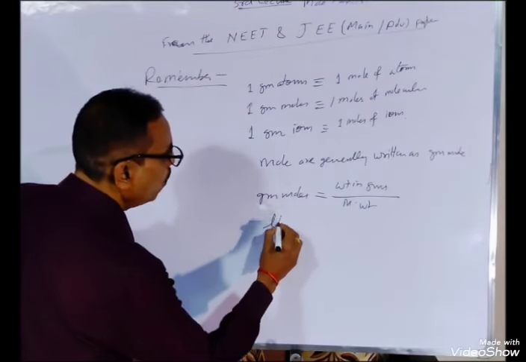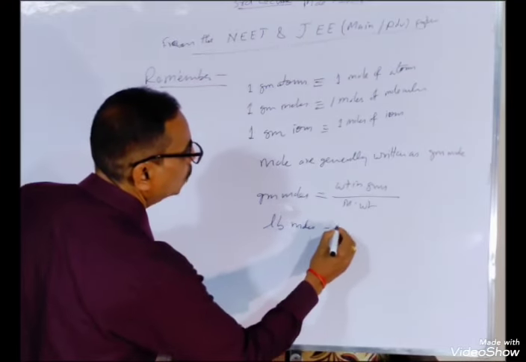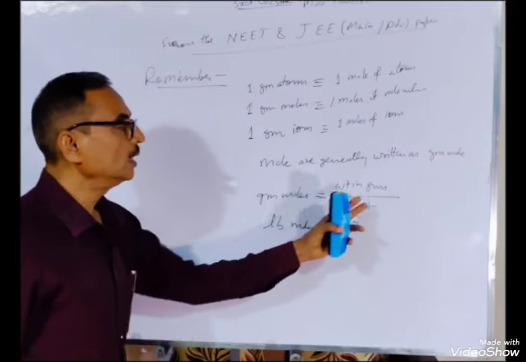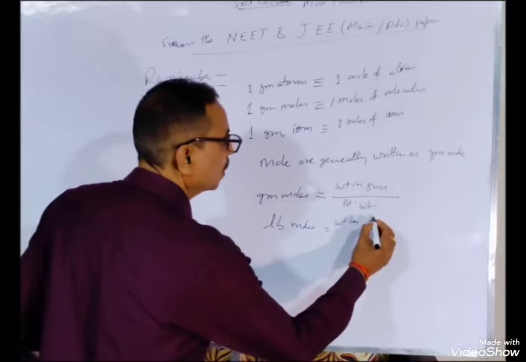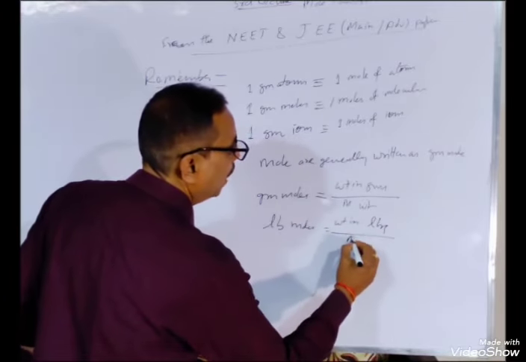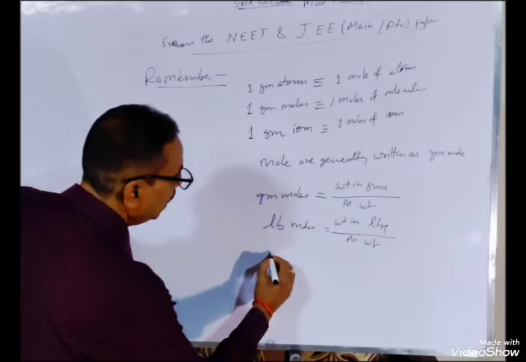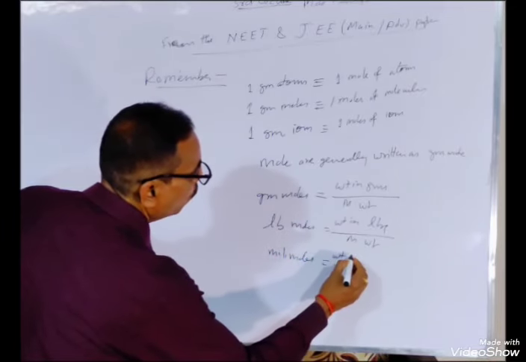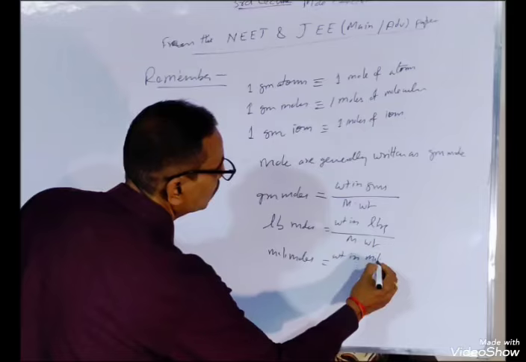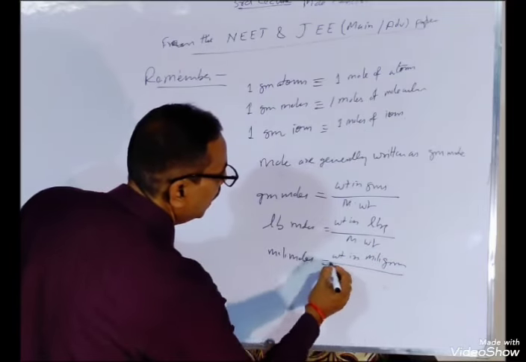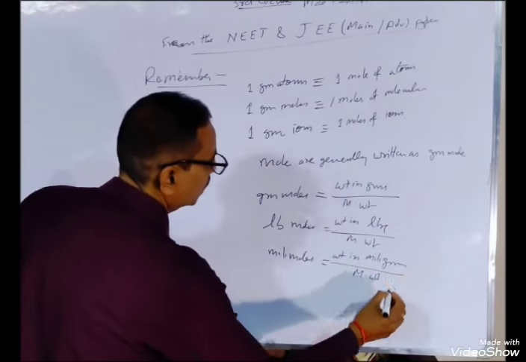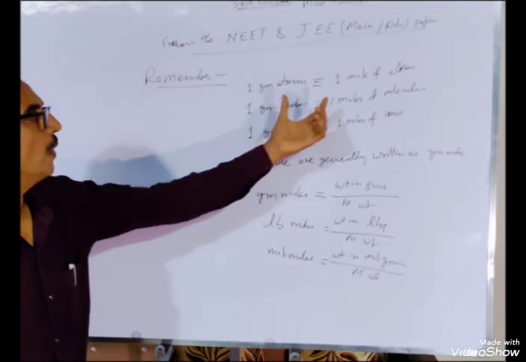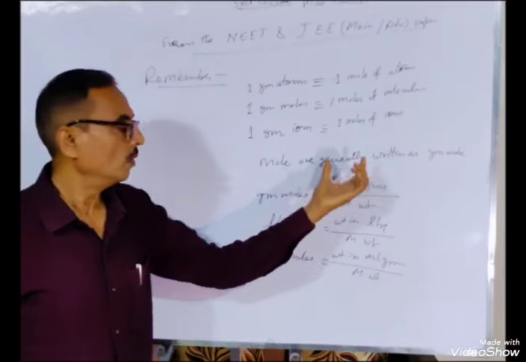Similarly, pound moles is weight in pounds divided by molecular weight. Similarly, millimoles is weight in milligrams divided by molecular weight. So you should know these notations or equivalents.